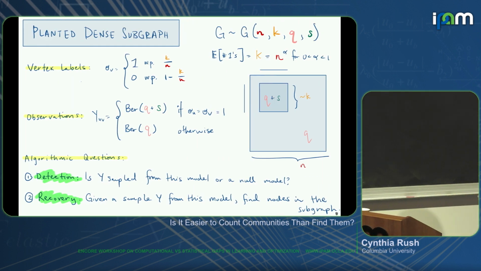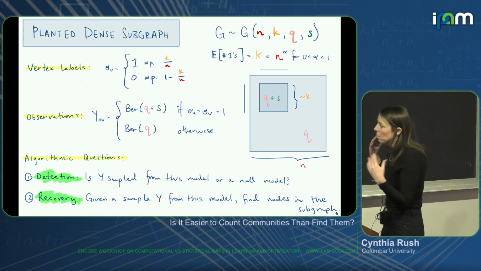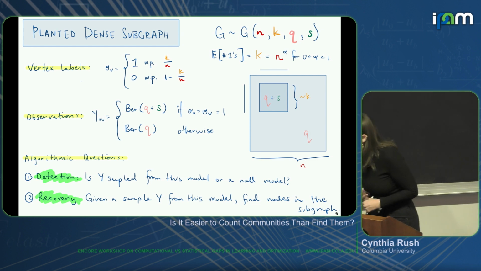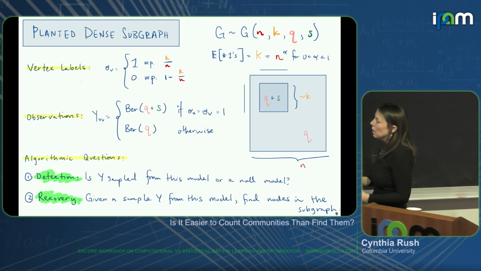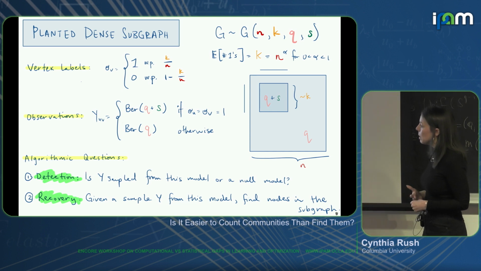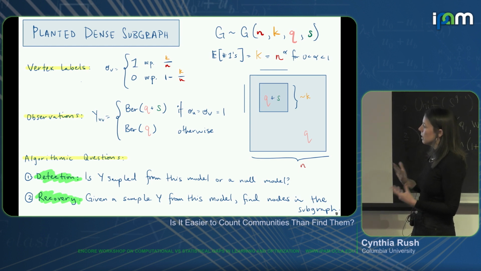So folks have studied this problem for a long time, and there are two main questions that people seem to be interested in. The first is detection.